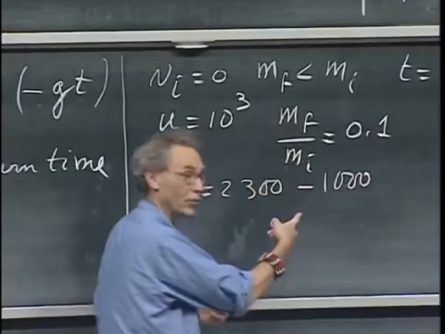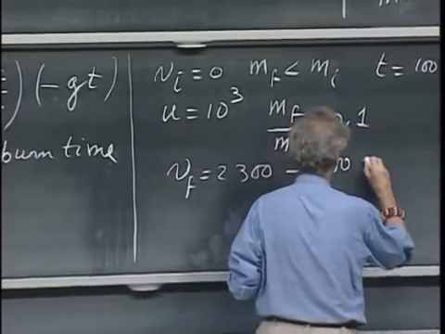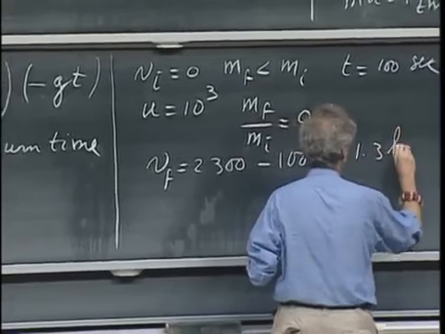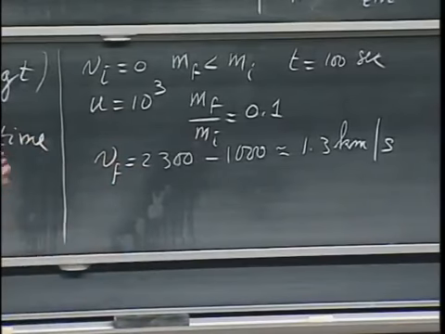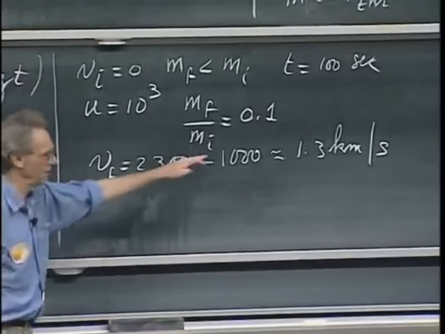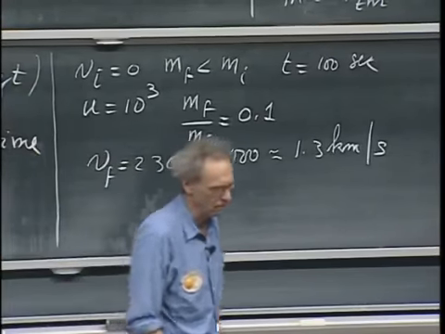So you pay a price for the gravitational field, and you have about 1.3 kilometers per second as the final speed of that rocket. These are meters per second, and that is in kilometers per second.